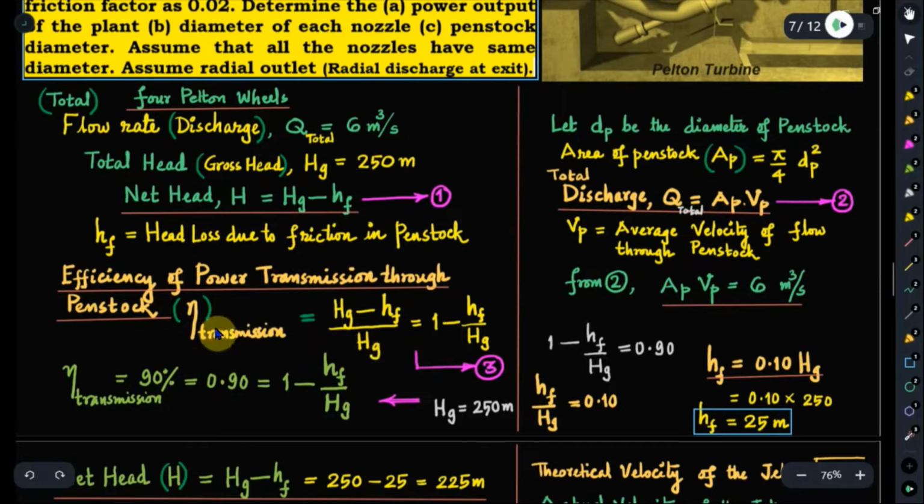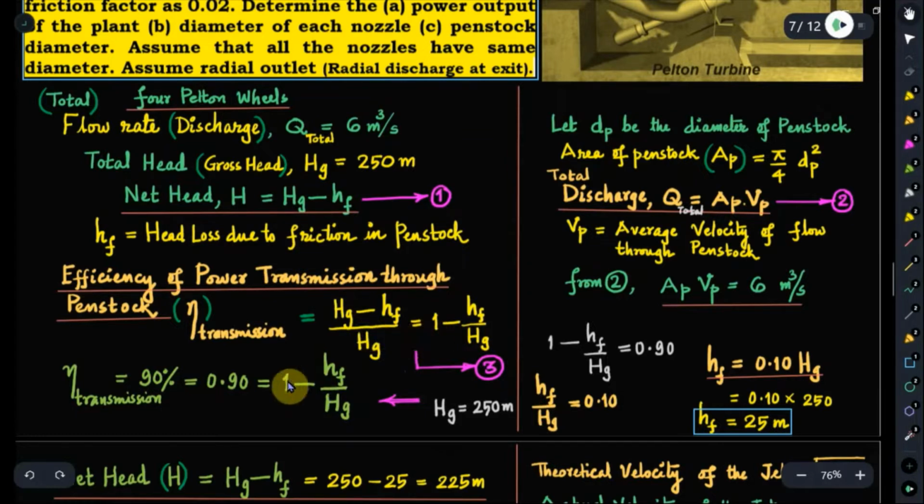You can get this rho Q G cancelled, so it is simply the net head divided by gross head. Then what is net head? Net head is gross head minus the frictional head loss. Then that divided by gross head will give you the efficiency of power transmission through the pipe. When you simplify this expression, you will get 1 minus Hf by Hg by distributing the denominator.